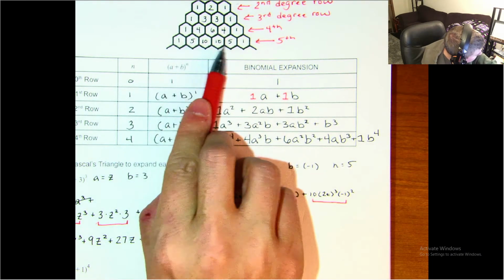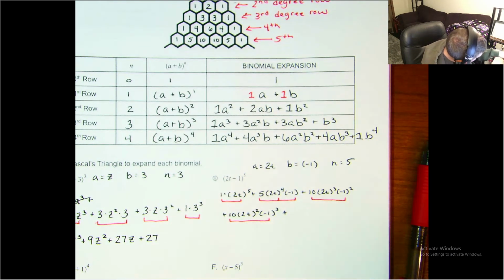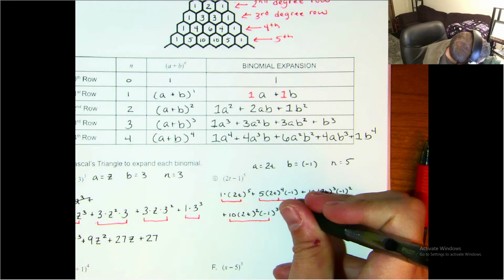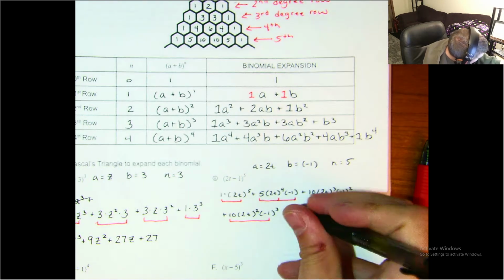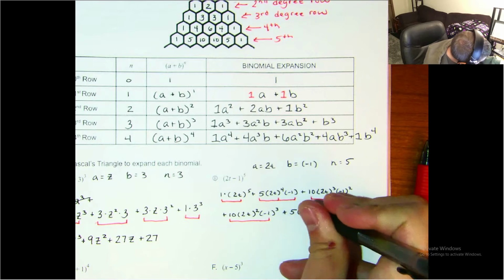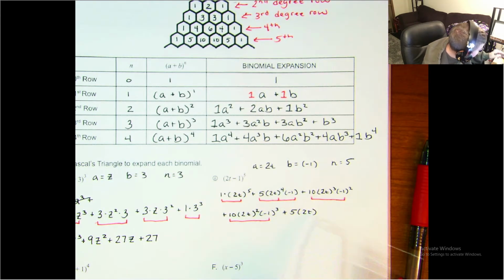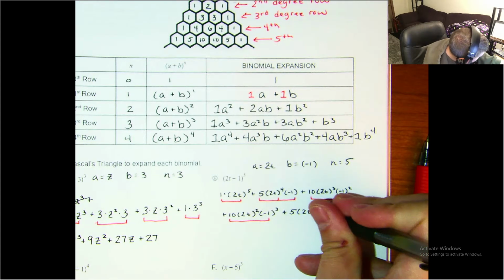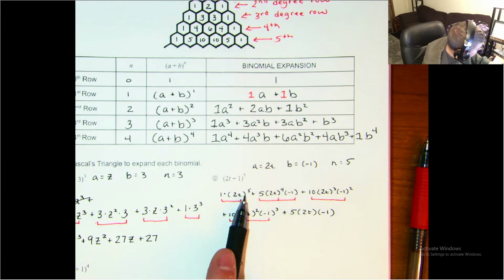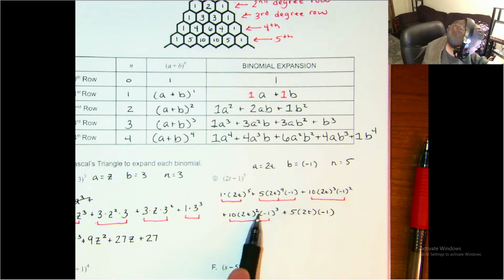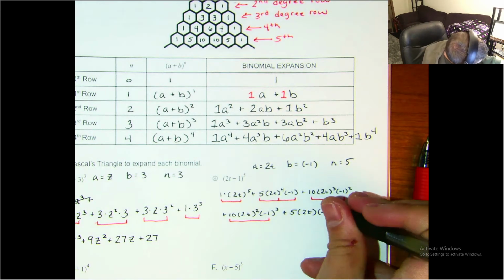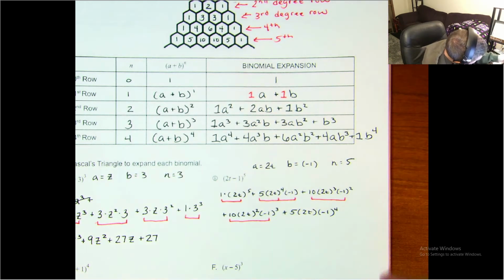1, 2, 3, 4. Okay, so now we're on the 5th cell. That starts with a 5 times 2t to the 5, 4, 3, 2, 1, so I just get to leave that, times -1 to the 0, 1, 2, 3, 4 power. That's my 4th cell.